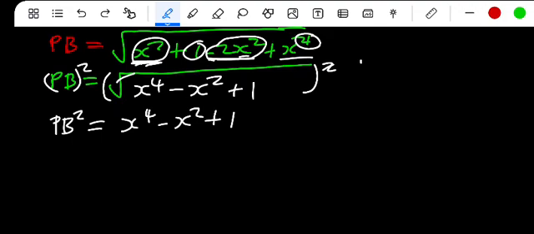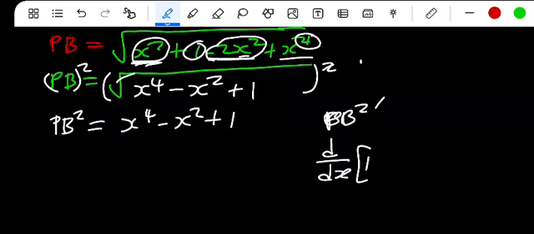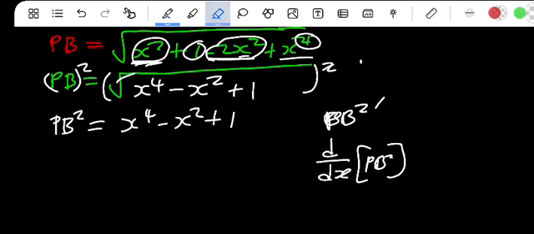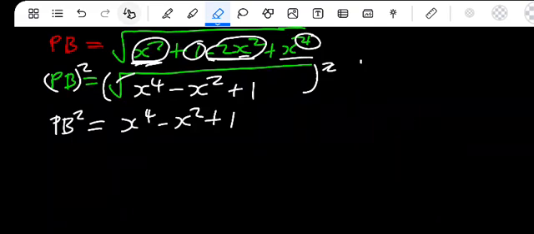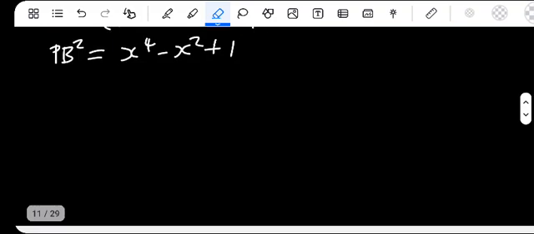You understand? You can take PP squared prime, or you can use d over dx of PP squared like this. It's one and the same thing, so it's up to you which one. So that is what we have there.